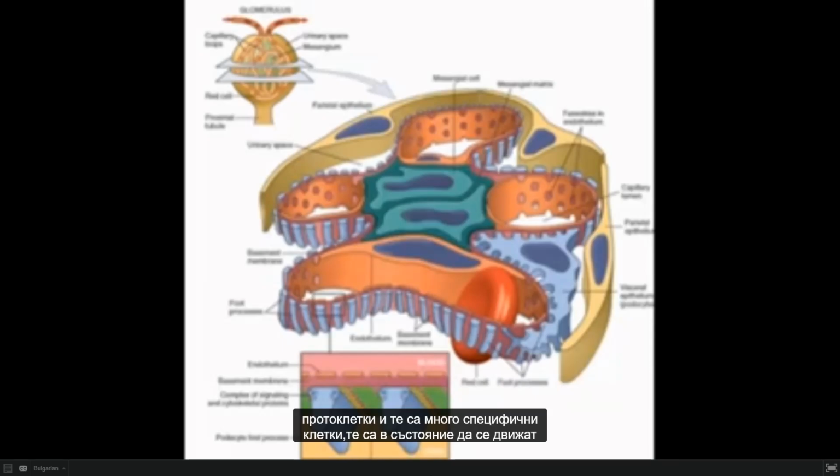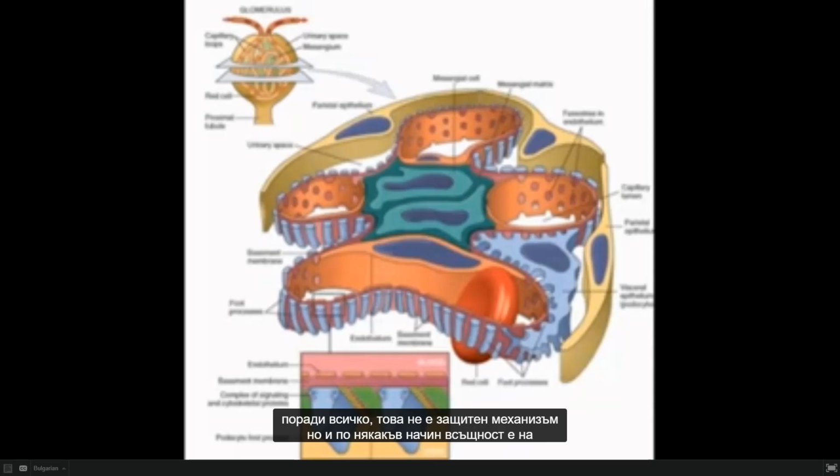They are able to move. And because of that movement, they organize the sliding between their legs. And because of that sliding, they form different kinds of pores inside of the Bowman capsule.